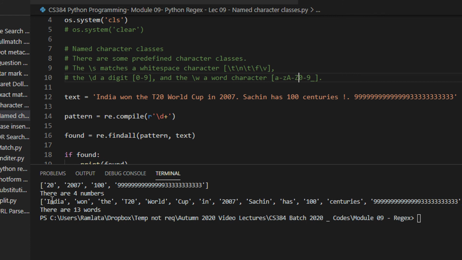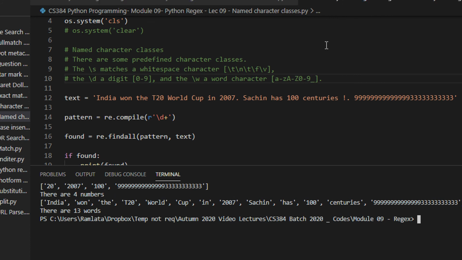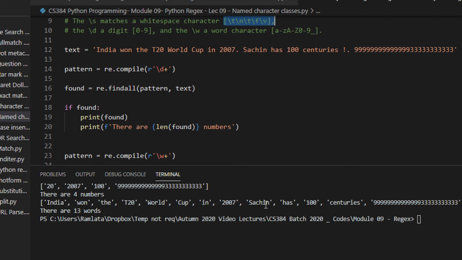So in this case you can see India won the T20 World Cup in 2007 is matched because it has 0 to 9 also. Make sure that the word does not include characters like \t, \n, etc. You can see the full stop and the exclamation did not match.